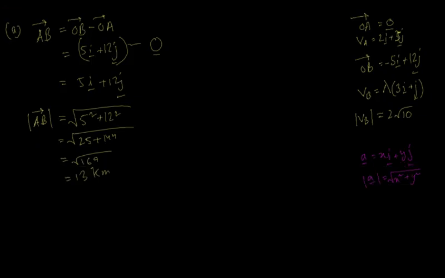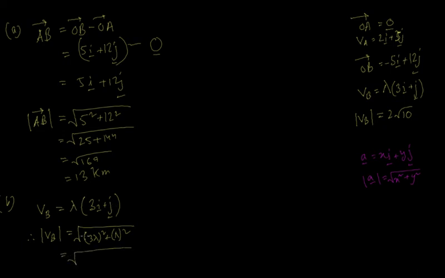So for question B, we know the velocity of B is going to be some constant times 3i plus j. That much we know. If you write the modulus of this, it is going to be the square root of 3 lambda whole squared plus lambda squared. If you multiply lambda into j it is lambda j.